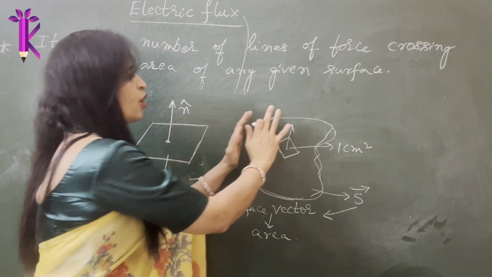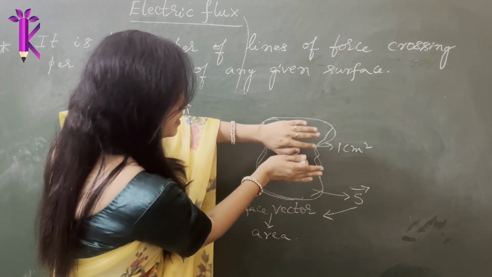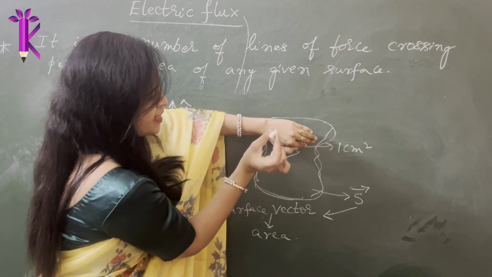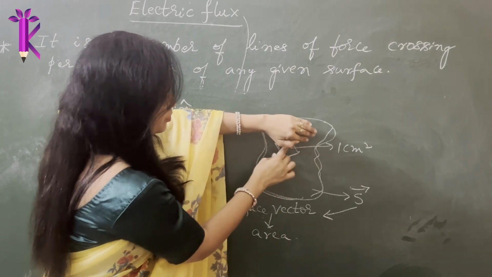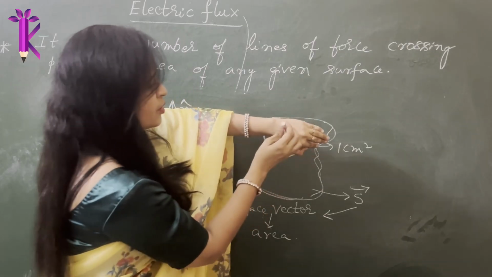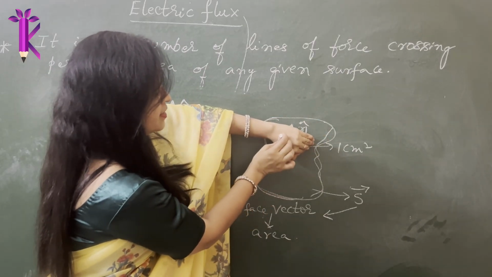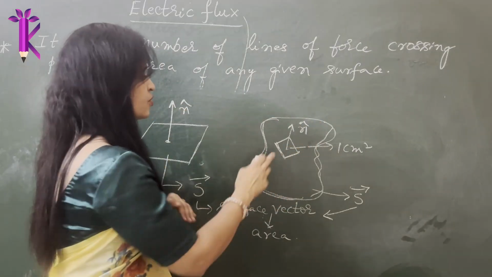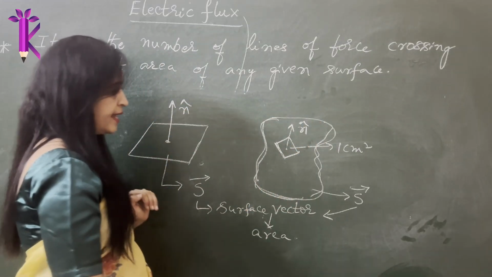What do you mean by outward normal? Suppose this is the surface, coming out of the board like this, then the outward normal will look in this direction. I can't draw it on the board, so I have just shown it upward. So it is coming out in this direction, and the other direction is going inside. So this is the direction for an area vector.